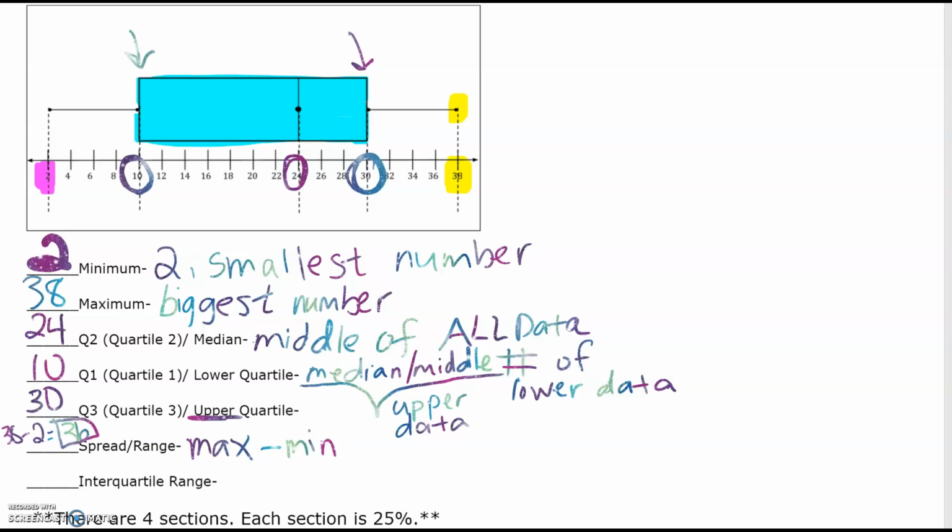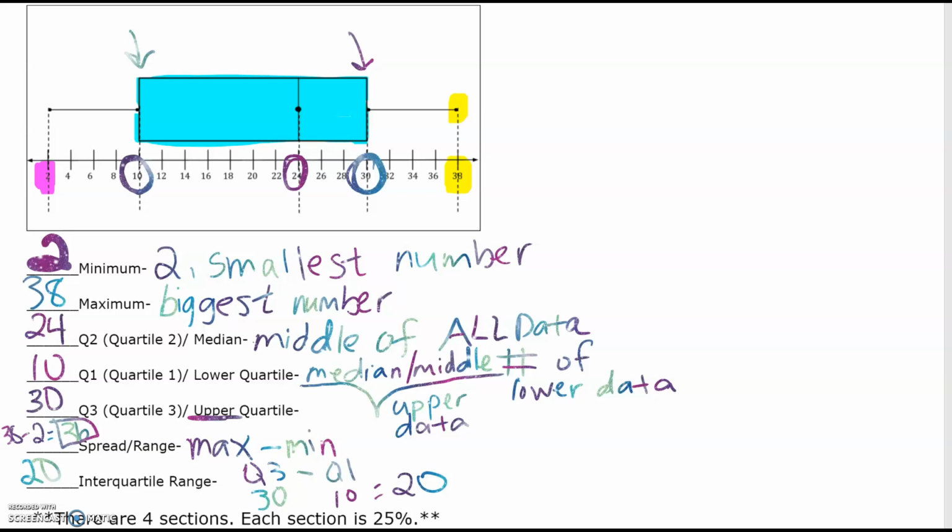So we're going to take Q3, which is 30, and subtract our Q1, which is our 10, and we're going to get 20. So the interquartile range is 20 because it's between 10 and 30. It covers everything in there.